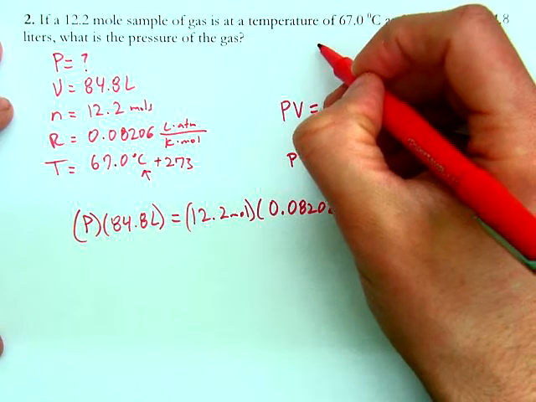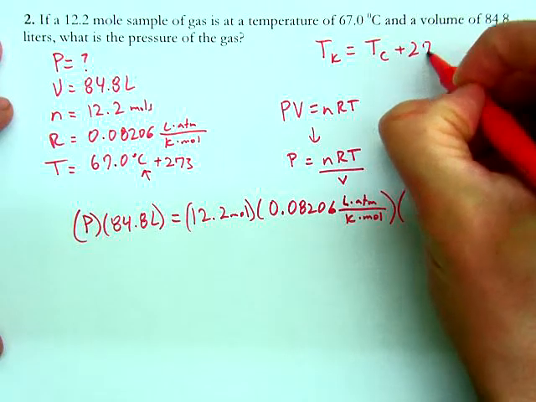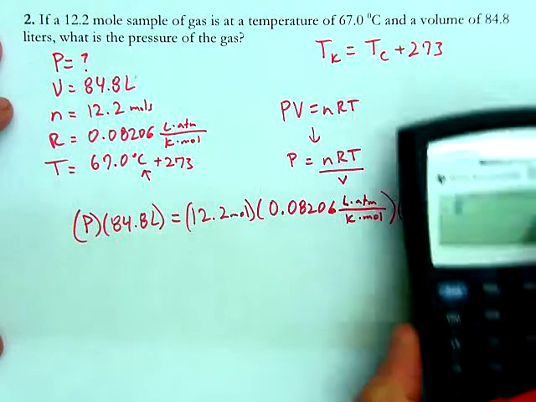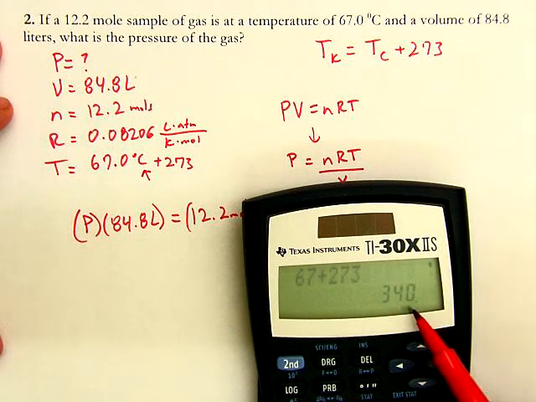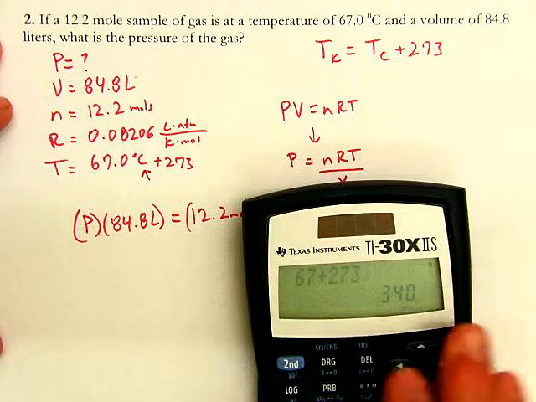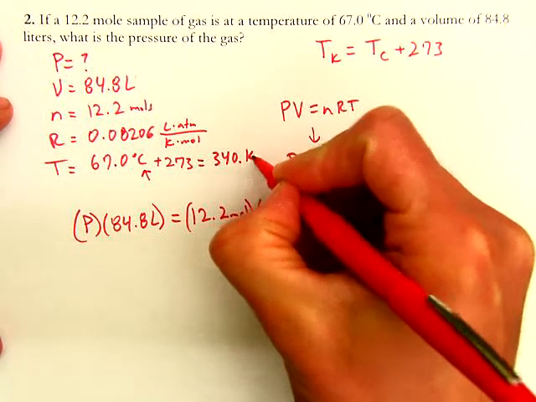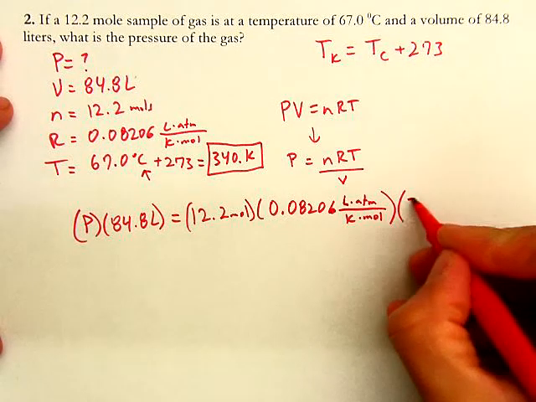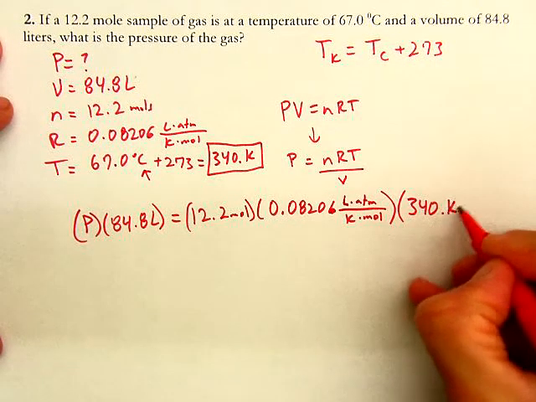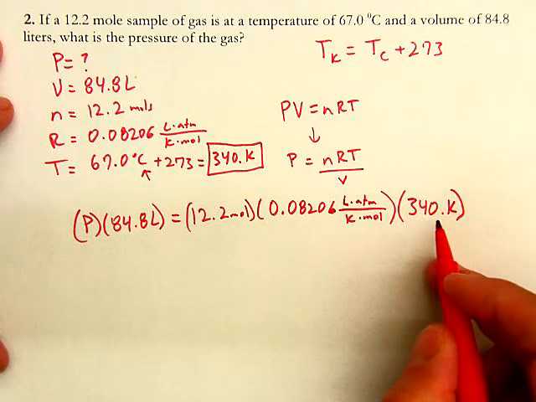Again, remember, temperature in Kelvin is equal to the temperature in Celsius plus 273. So if we take our temperature, which is 67, plus 273, we get 340 Kelvin. That is what we're going to use for our temperature. It's a very important step. A lot of students mess that up, and they get the problem wrong.